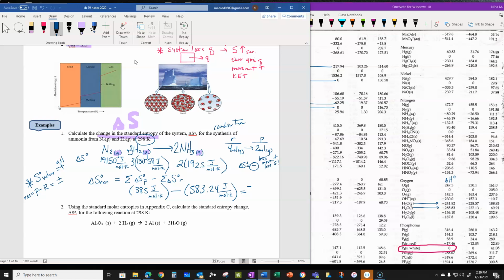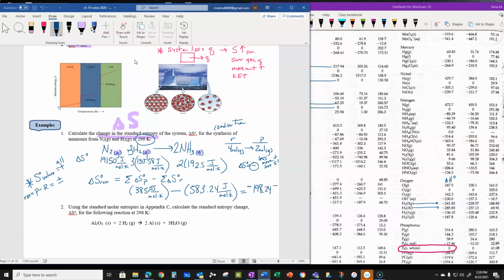So 385, and before someone gets after my sig figs, this was 385.0, and then these two had 2 after the decimal. All right, I'm just trying to save my points here. 583, because I love how you guys come after my work. Trying to get those bonus points.